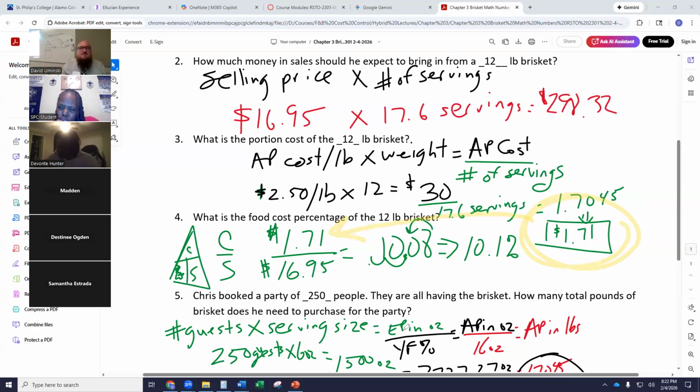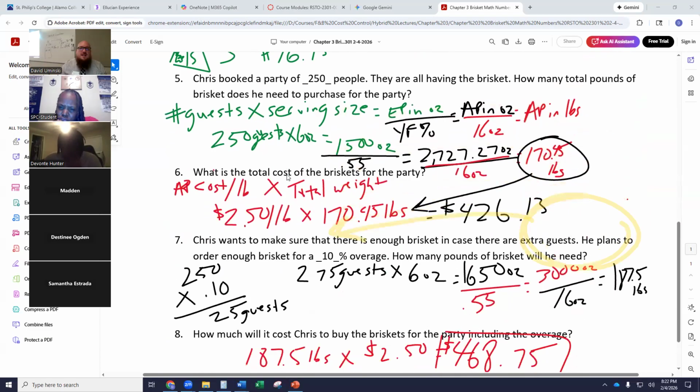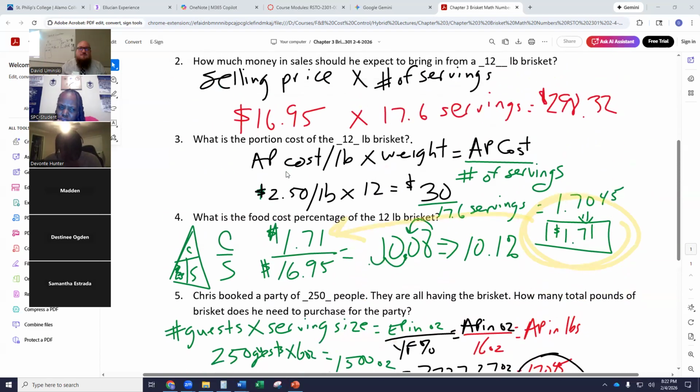And then if we scroll up to the top, we sell our brisket for $16.95 per portion. Okay, and so, oops. So that's where we have our selling price of $16.95. Our cost divided by our sales.